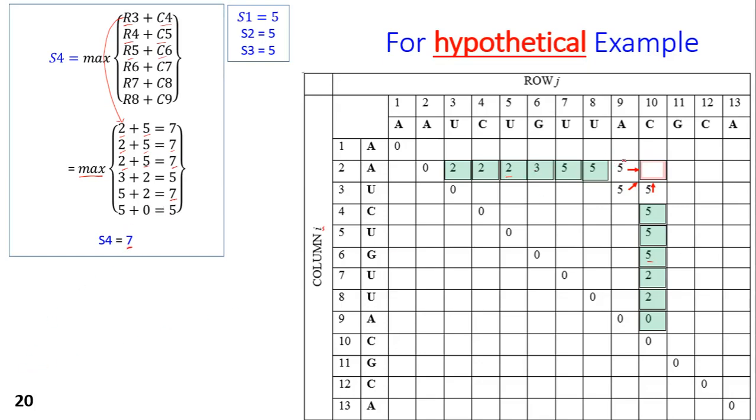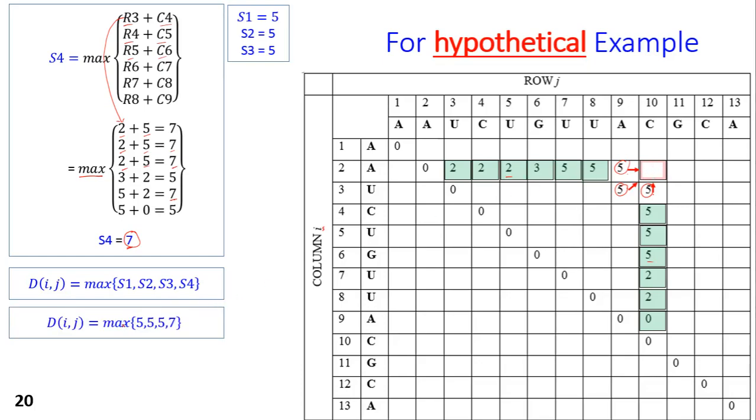So now out of these, that is step 1, step 2, step 3 and step 4, we need to figure out which one is the maximum number. We need to figure out the maximum of values S1, S2, S3 and S4. That number, my friends, would be the number that we need to populate in our current position.